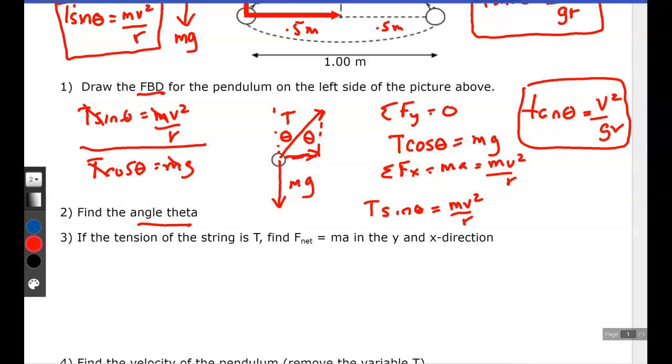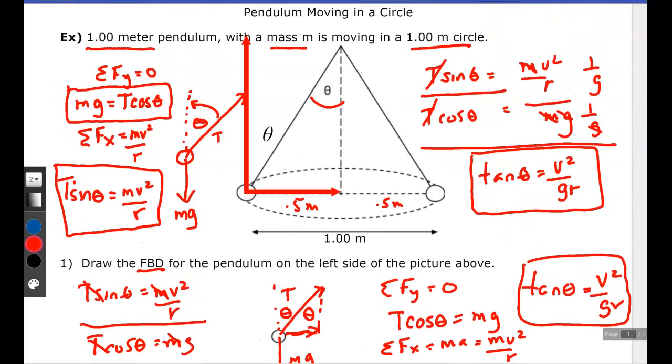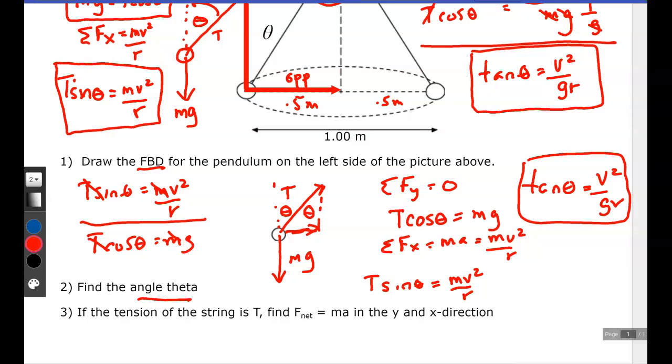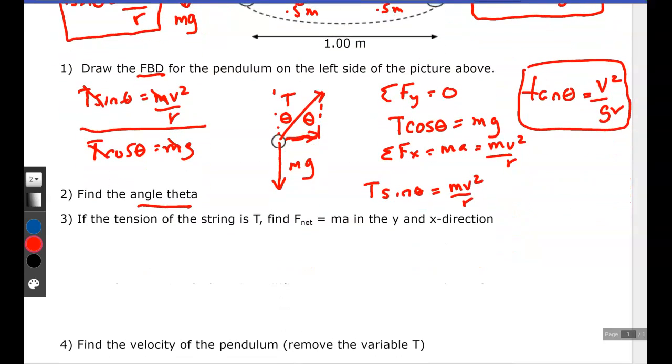Find the angle theta. Well, that's just trig. Let's take a look at this picture over here. We know the opposite and the hypotenuse, because they told you the pendulum's 1 meter and the opposite is 0.5. So that's how I messed up over there. So how do you find theta? Let's do number 2. Well, sine is opposite over hypotenuse.